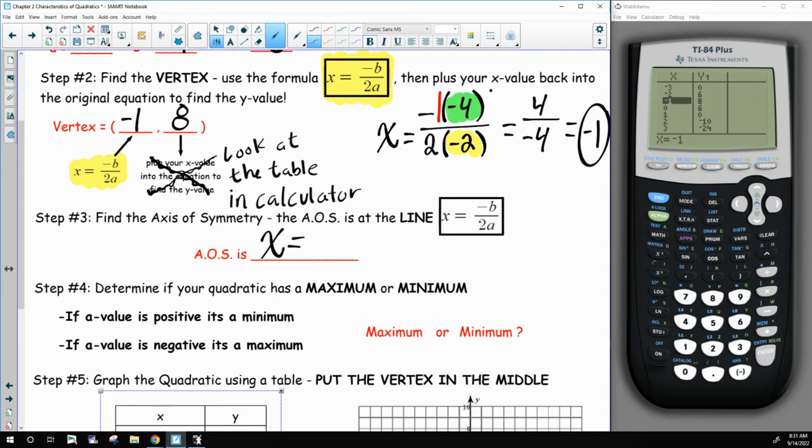And it's going to go through the vertex. Does it go through the vertex at -1 or 8? Do you remember? Which number will it go through? The -1. Because -1 is the x value, which is why we write x equals -1. Okay?